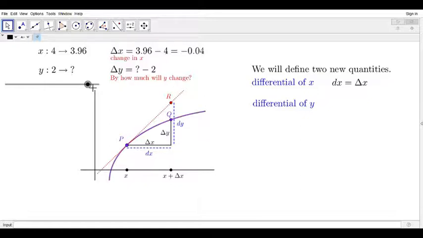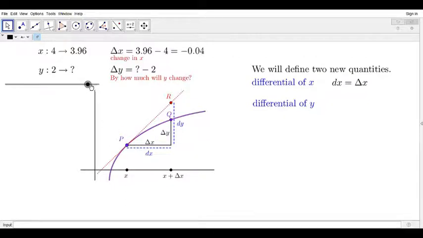This corresponds to how delta y is the amount by which the y-coordinate from P to Q is changed, and then the amount by which the y-coordinate from P to R is changed is what the differential of y represents. But how can we compute dy?